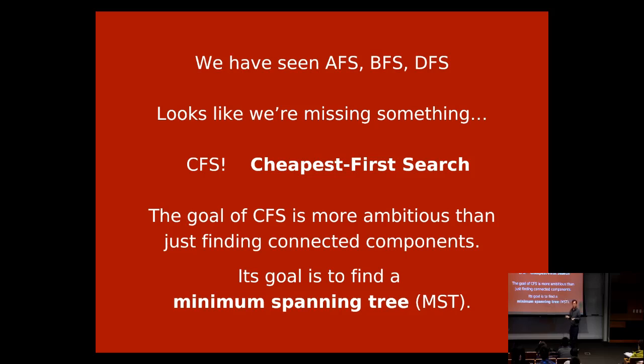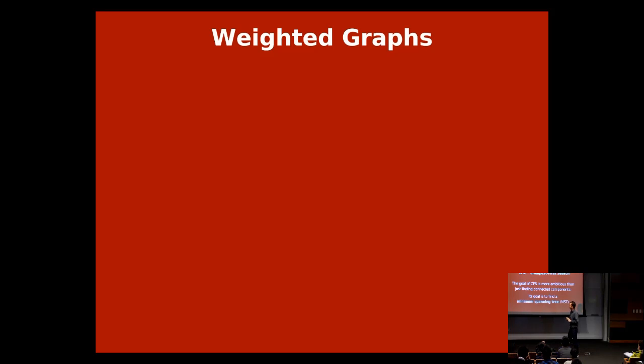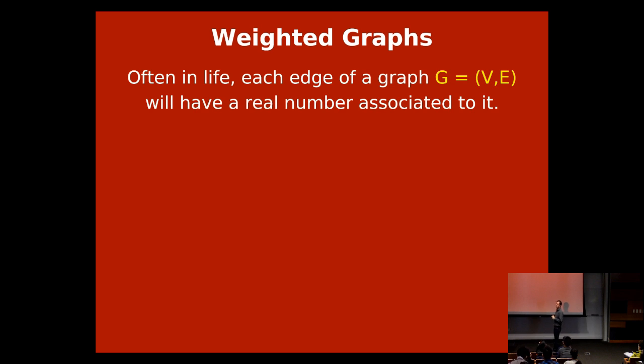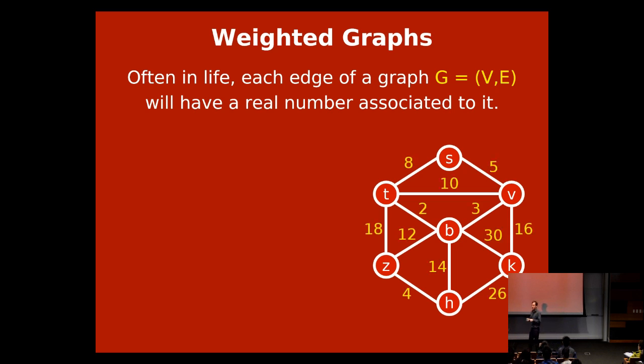What does that mean? Every spanning tree is going to have n minus 1 edges, so what does it mean, minimum? Well, it refers to more general graphs where the edges have costs. So let's talk a little bit about this definition of weighted graphs. Often in life, you have not just a graph, but each edge has some real number associated to it.